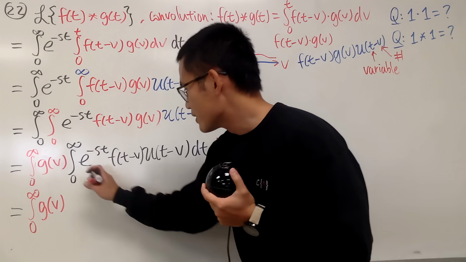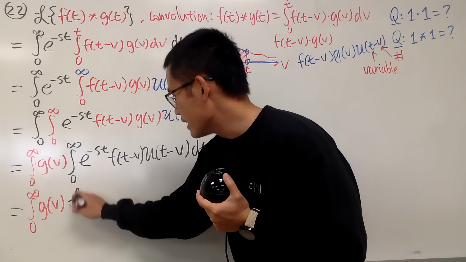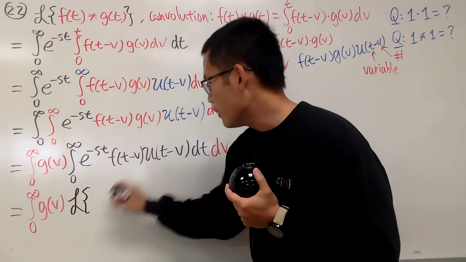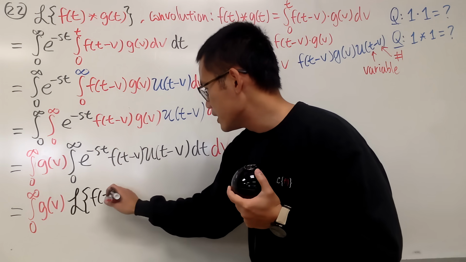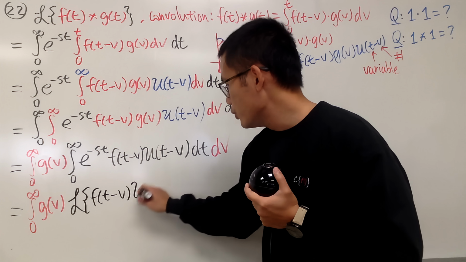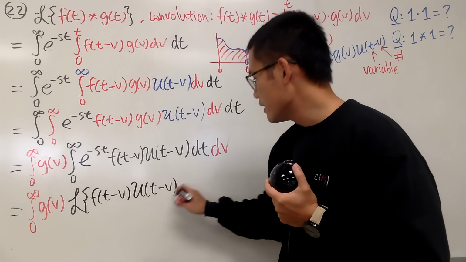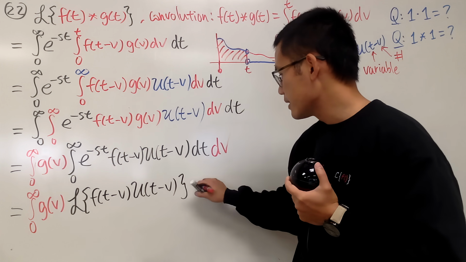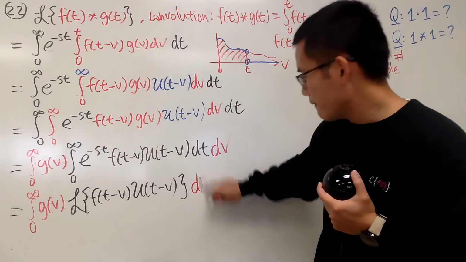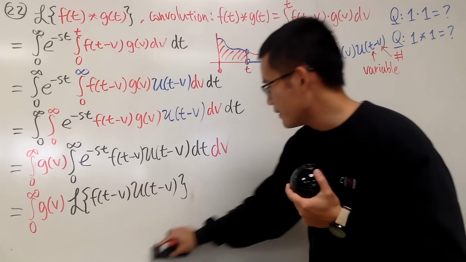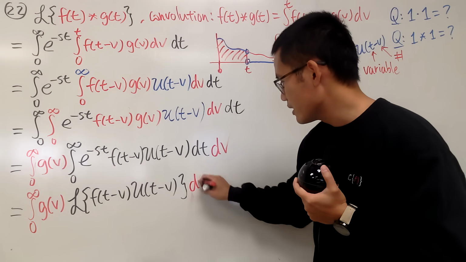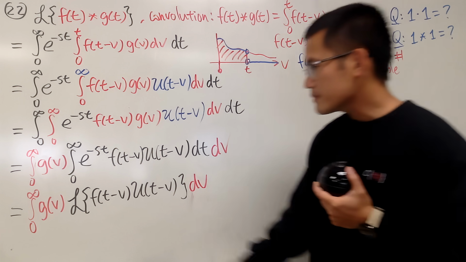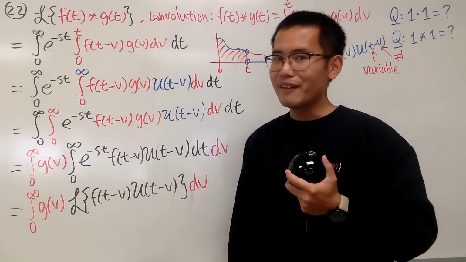Yes, it is. So you can write everything down right here as the Laplace transform of f of t minus v, u of t minus v. And then on the outside, we have the dv. Oh, I should stop using my hand, otherwise my hands are just going to get really dirty. So this is what we have. Very nice, huh?